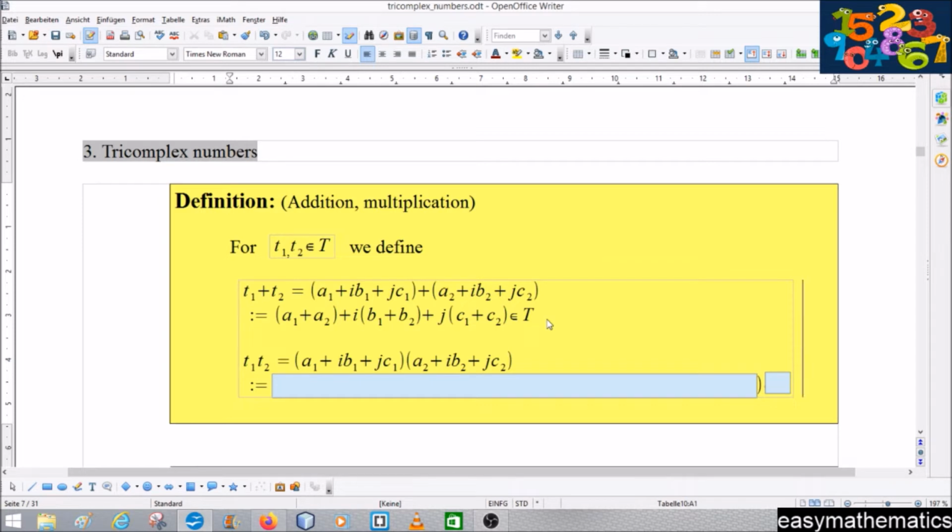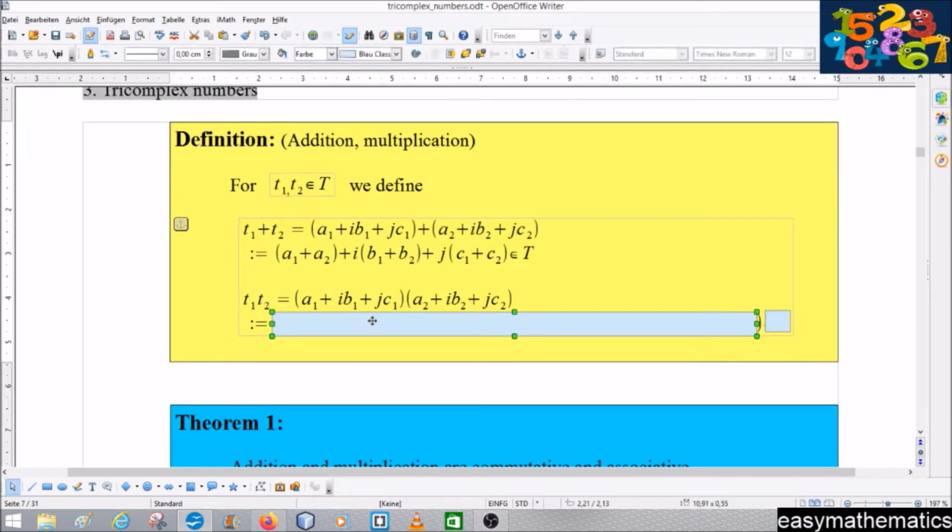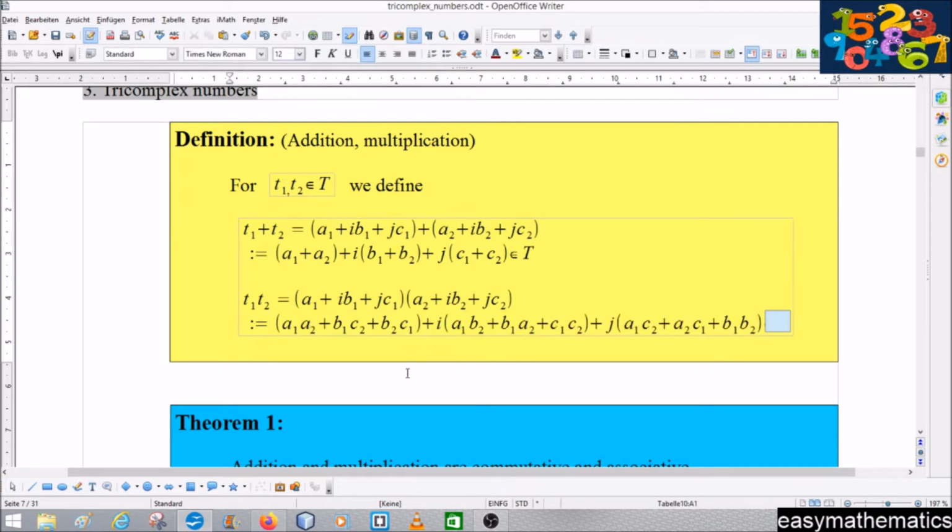This is very nice. And for the multiplication, if we distribute it naively and use our multiplication rules, for example, the term here is b1 and c2. Why that? Because I times b1 times j times c2 is b1 c2 times I times j, and I times j is by definition 1, so it belongs to the component of the unit 1, and so on.